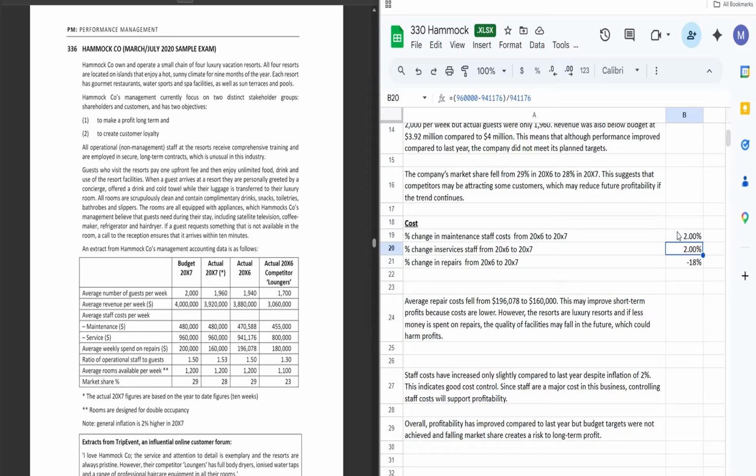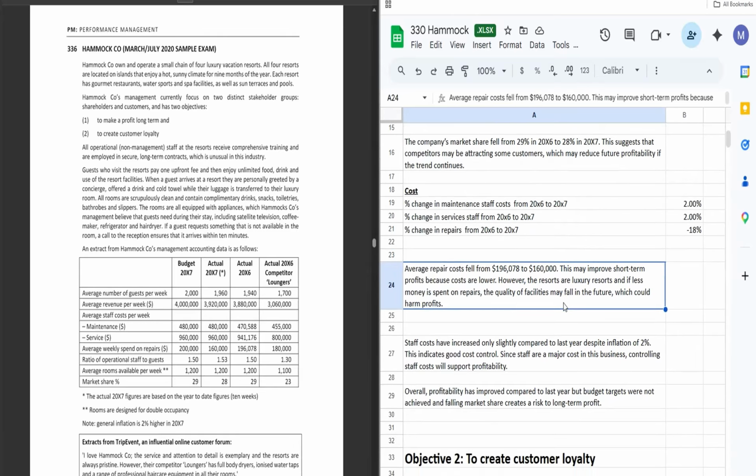And again for the service staff, I have calculated the percentage change in staff cost, which is also 2%, but the change in repair has fallen by 18%. One more interesting thing, the question also mentioned that general inflation is 2% higher in 2007. So maybe this increment is due to inflation.